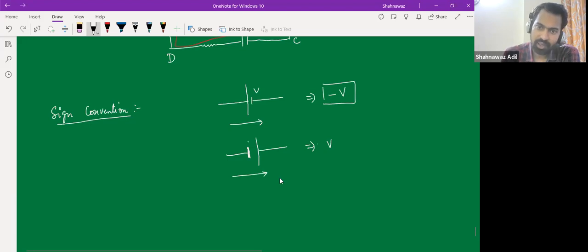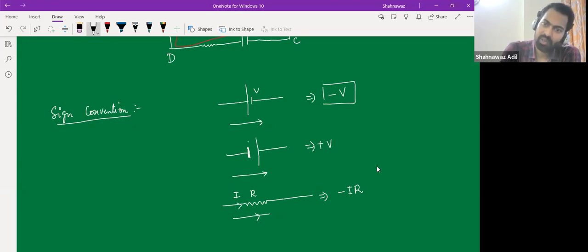Let me write it. I will show some example and then it will be clear. Let's say this is the resistor R and the current is flowing in this way, and you have assumed the loop in this direction. Then the voltage would be minus IR.